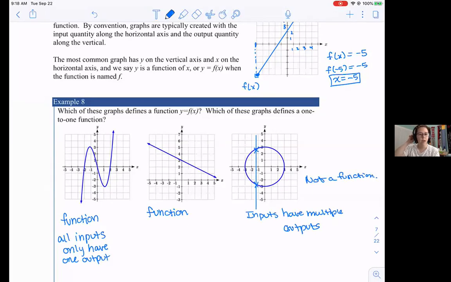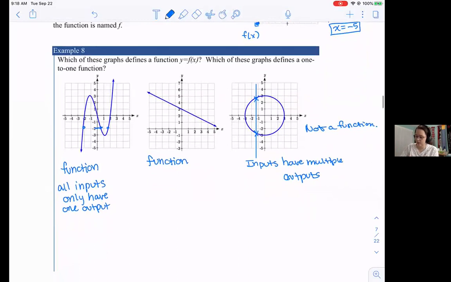Womp womp. Are any of them one-to-one? So to be one-to-one, every output can only have one input. So if I'm looking at this first one, I look at the output of -2, I see there are 3 inputs there that work with it. So this one's not one-to-one.